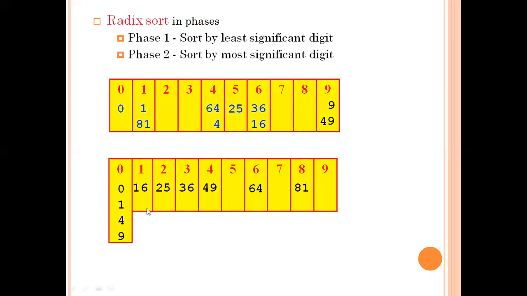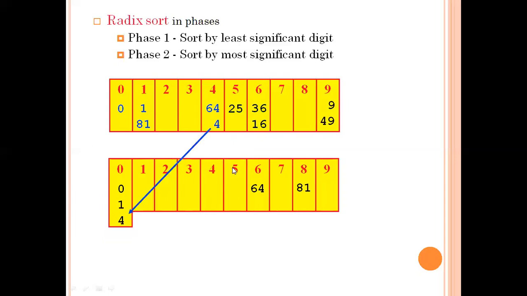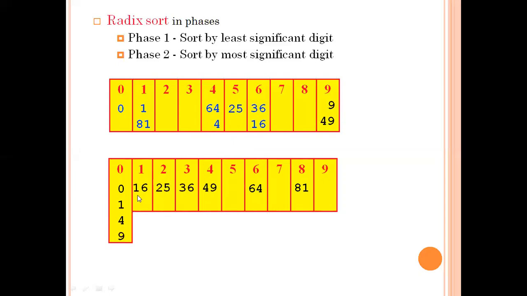25, and so on. After that, 25, 2, it will come here, 36 here, 16 here, 9, its most significant digit is 0, so it will come here, and 49 here. So we will have this one.